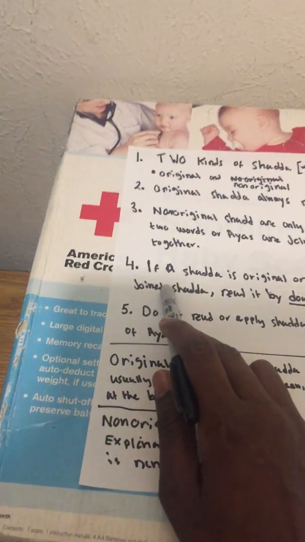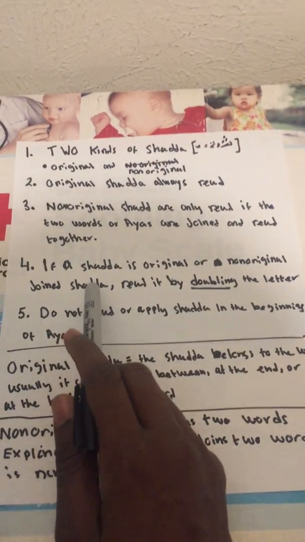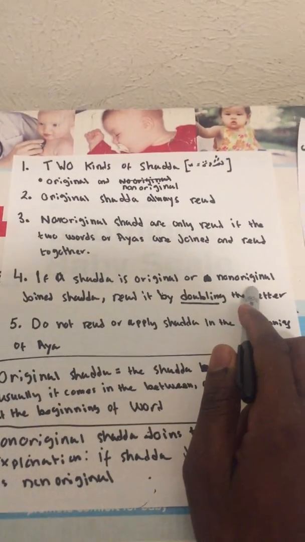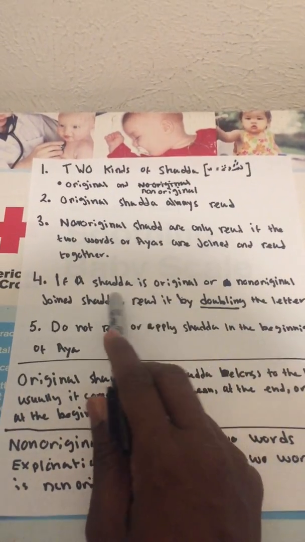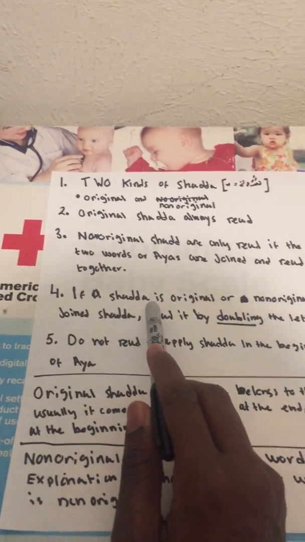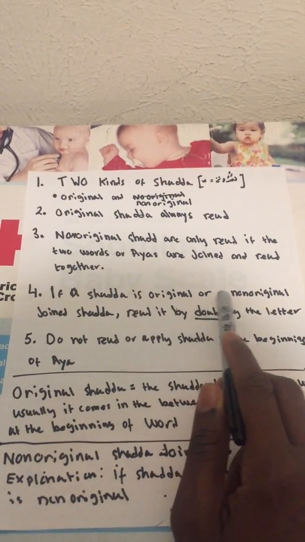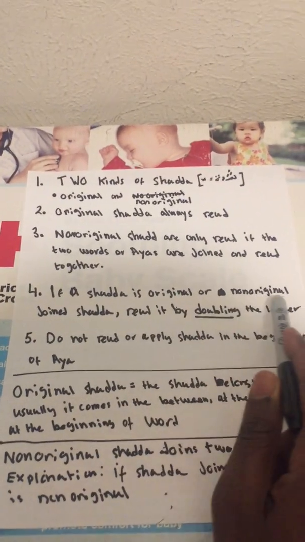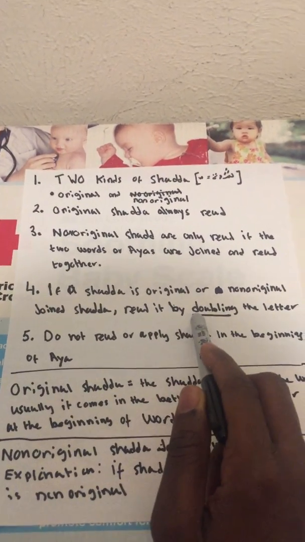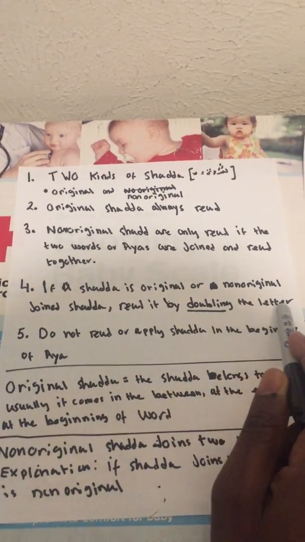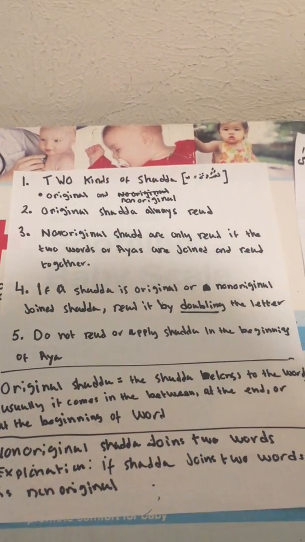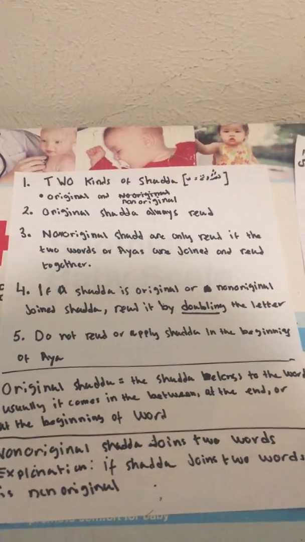Number 4 is just explanation. If a shadda is original or non-original joined shadda, let me repeat that. If a shadda is original or non-original shadda joined, read it by doubling the letter. It means if you have original shadda, as we talked about, you always read it.